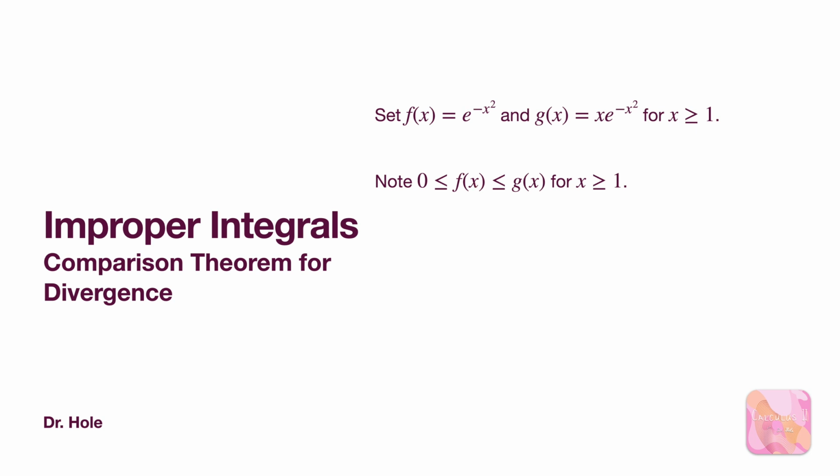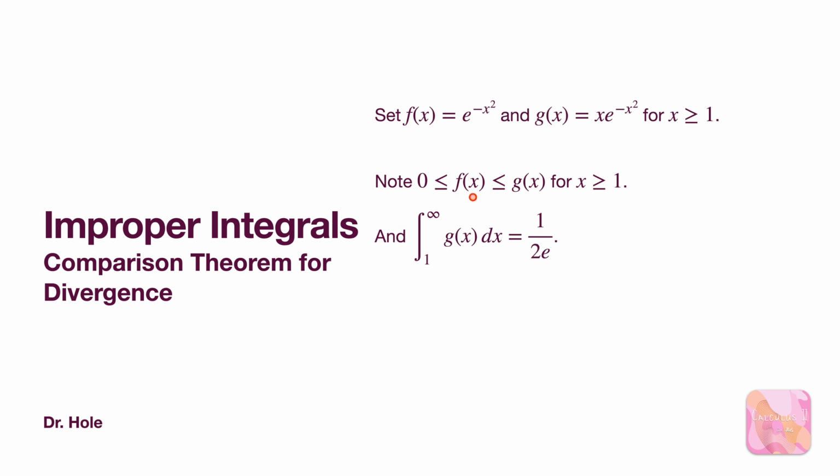Good. Now, you'll be asked to verify that this improper integral of g is 1 over 2e. What do you know about 1 over 2e? It's finite. So our comparison theorem for divergence, well, we're finding that the large quantities sum up to something finite.